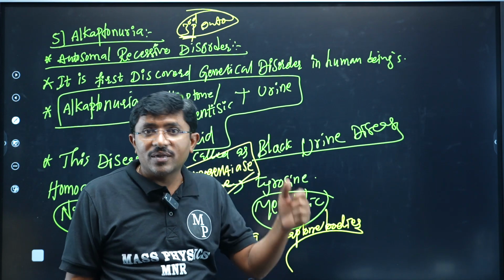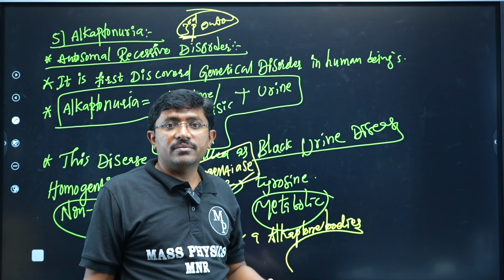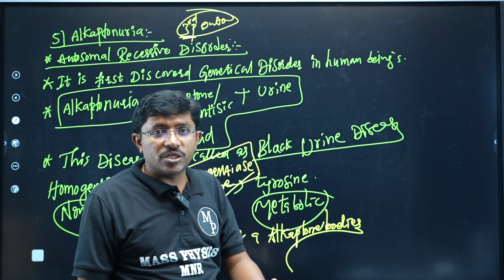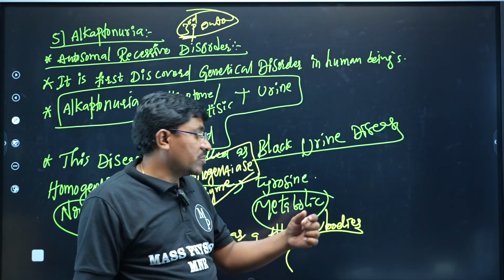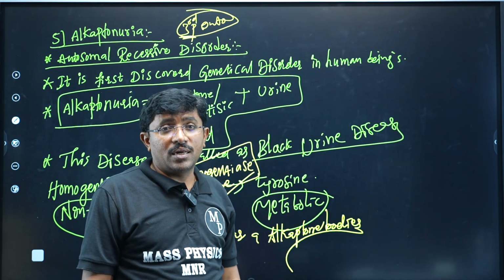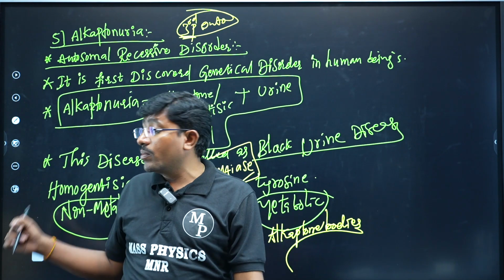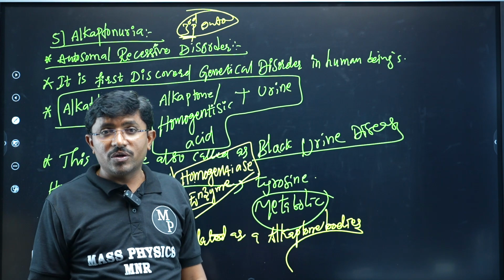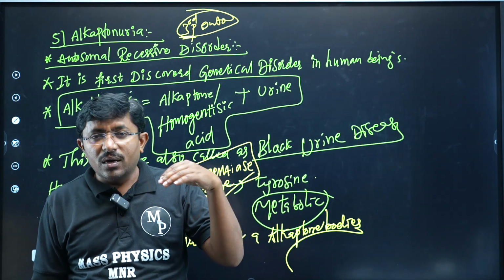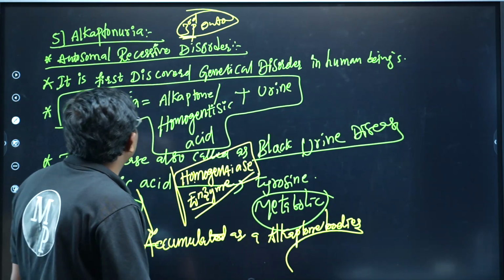That is the symptom of alkaptonuria. It appears within 1 or 2 minutes. The reason is that homogentisic acid reacts with oxygen molecules and immediately turns black in color. This is alkaptonuria.